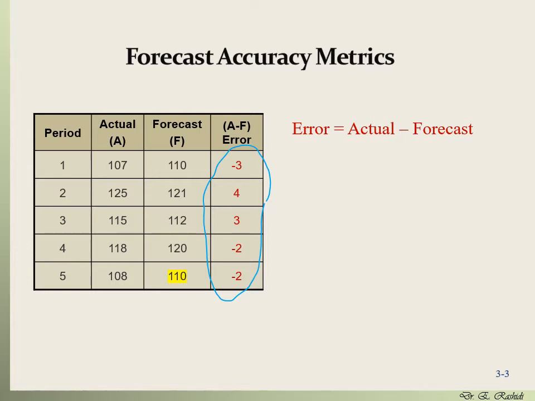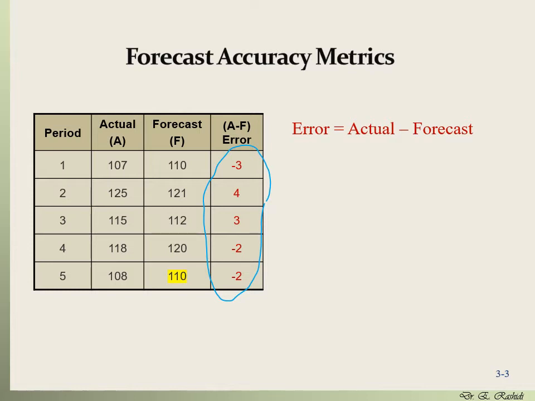For none of the periods has it been 100% correct. So it is not a true claim to say that this forecast is 100% accurate, which is what the accuracy of 0 would imply. So what should we do?